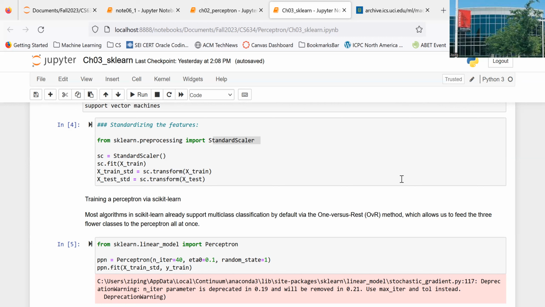Okay, and for scikit-learn it's quite simple. You just import this in the code, then you fit, then you transform. So it's pretty straightforward. You scale your data before you do the training.